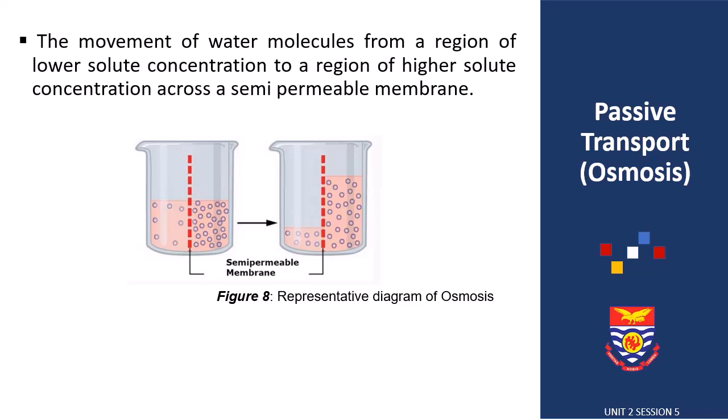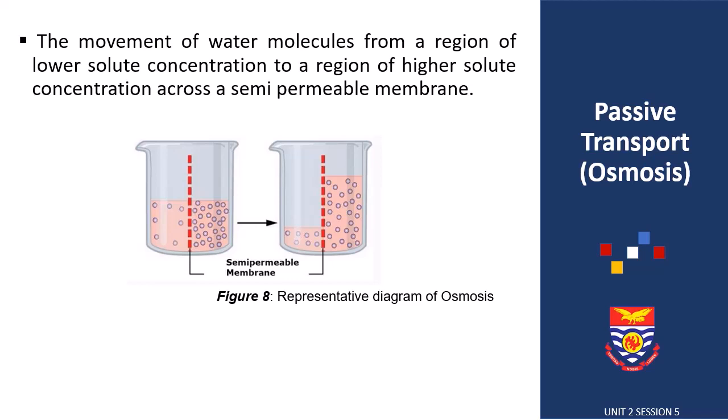So looking at figure 8, which is a representative diagram of osmosis, it indicates that the solution on the left side has different concentrations, which is divided with a semi-permeable membrane. So there is the movement of water from the region whereby there is lower solute concentration.